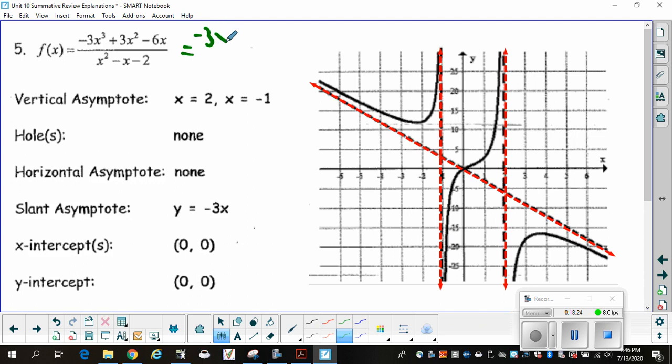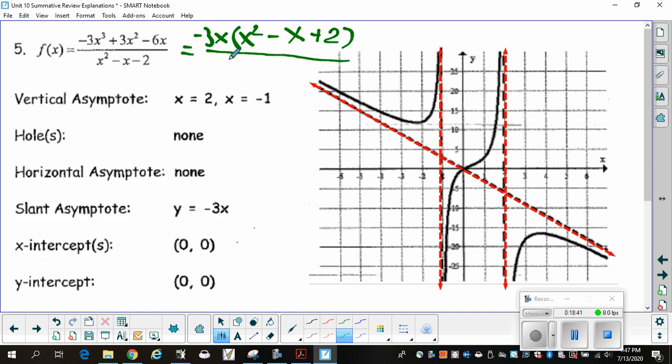And we're going to get an x out. And that's going to leave us with x squared minus x plus 2 in the numerator.